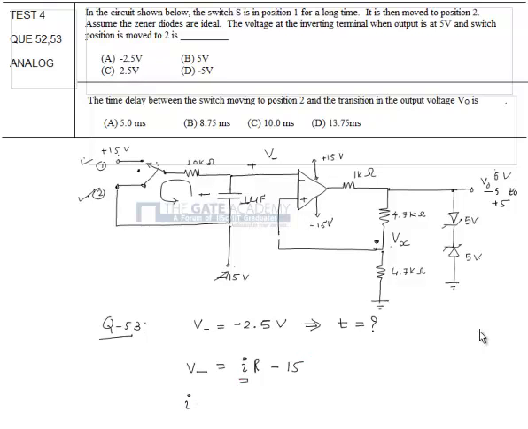So I is, if capacitor current is IC, then I will be minus of IC, that is minus C dV by dt, minus C d by dt of voltage across capacitor, which is VC e raised to minus t by RC.